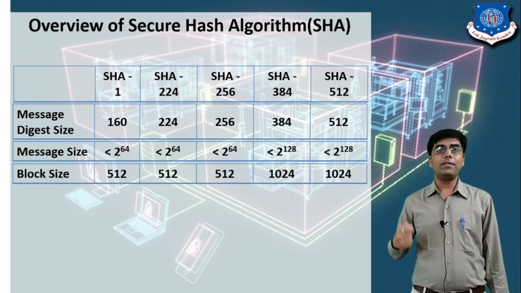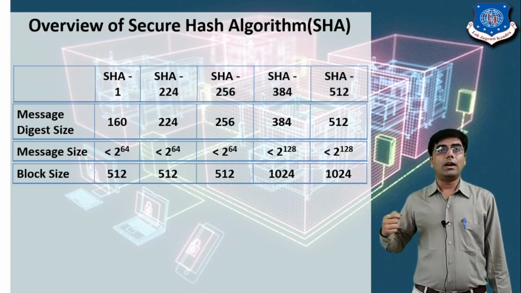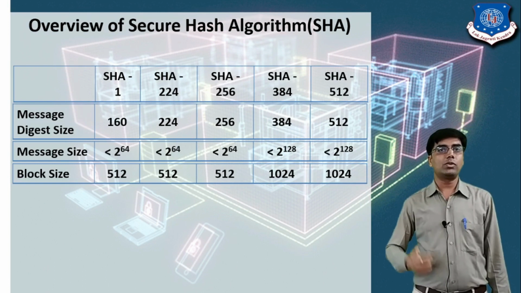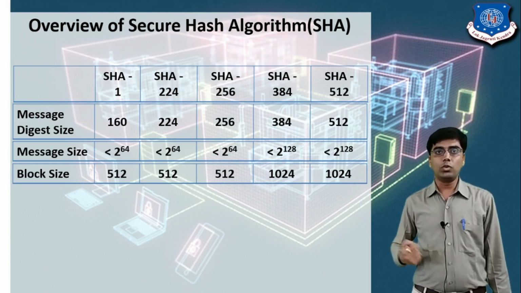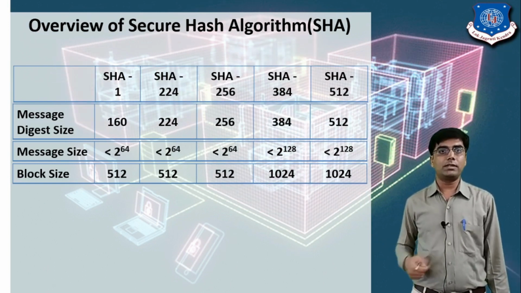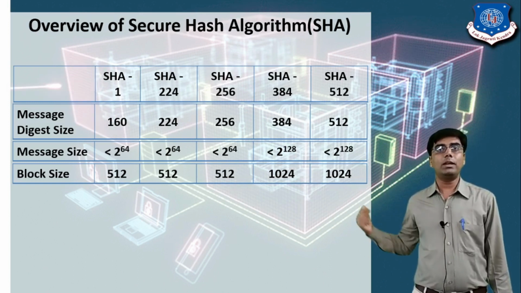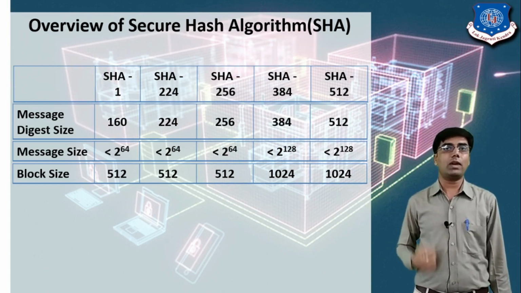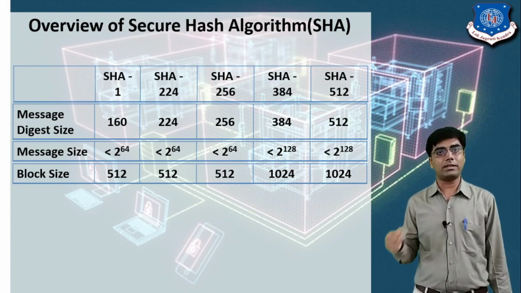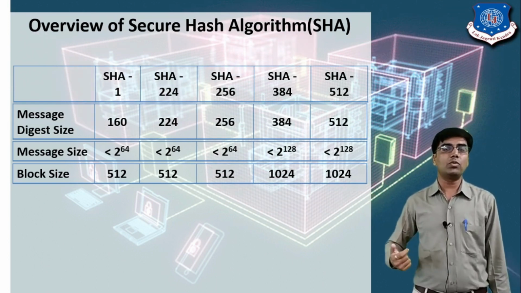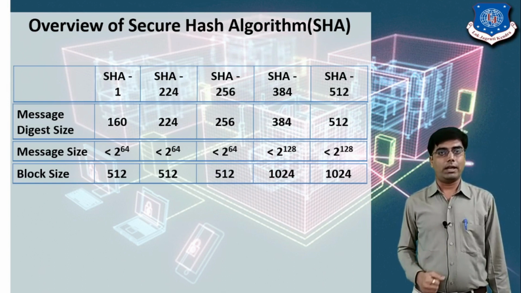If you consider SHA1, the message size is less than 2^64. SHA224 is the same, SHA256 is also the same, but in SHA384 and SHA512 it is different: the message size is less than 2^128.